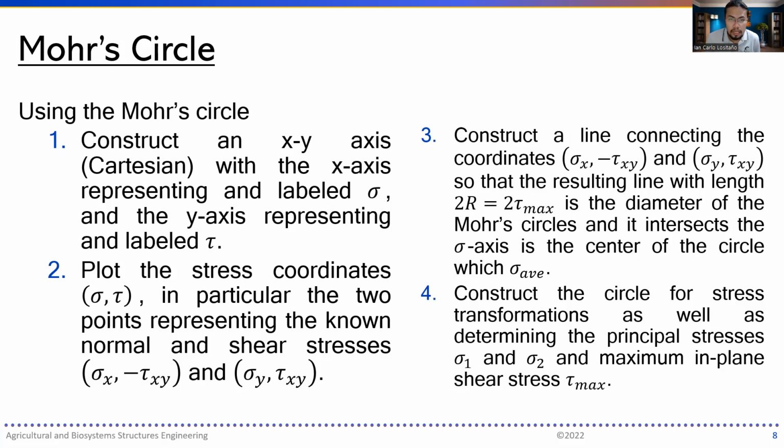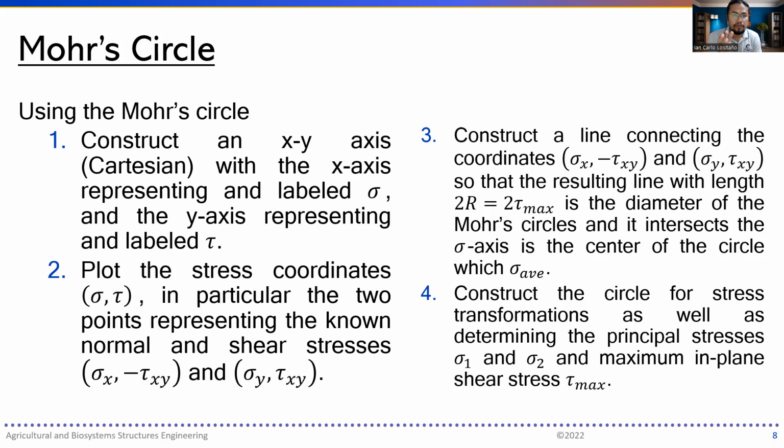It's a tool developed by a German engineer by the name of Otto Mohr, and it relies on the relationships of the different stresses that a body, or an infinitesimally small portion of a body, experiences when it is transformed in a certain direction, or angular reorientation. The solution is hereby presented.